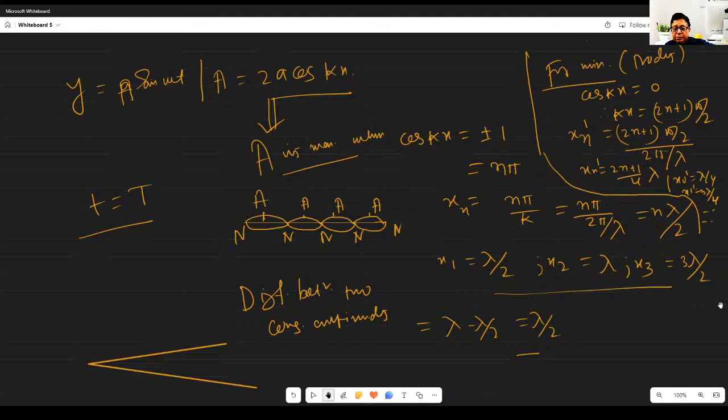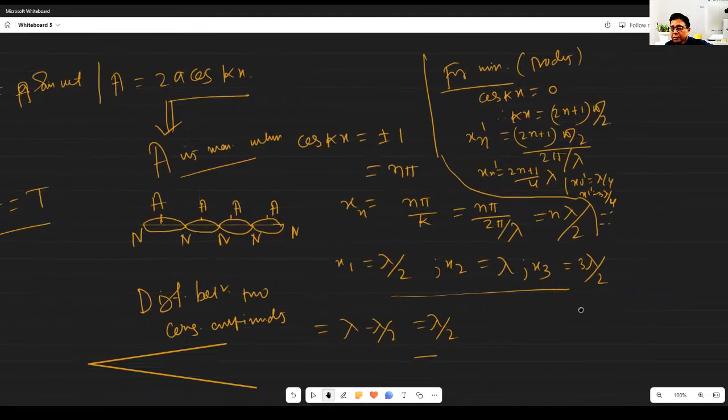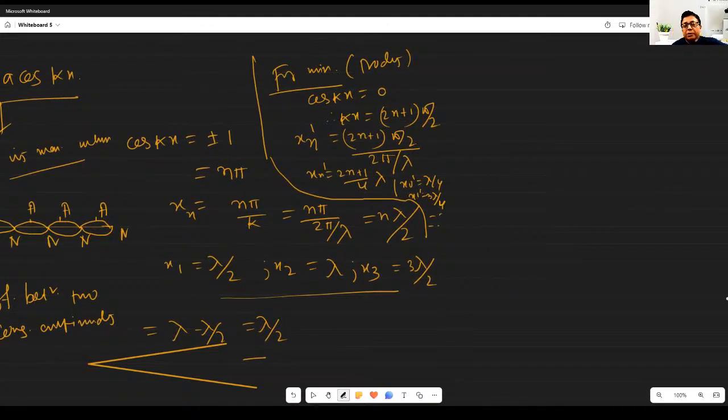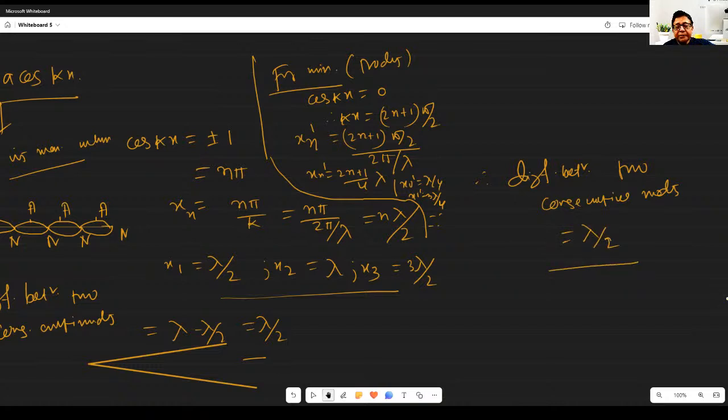Therefore the distance between two consecutive nodes, this minus this, is what? Lambda by 2. Okay?